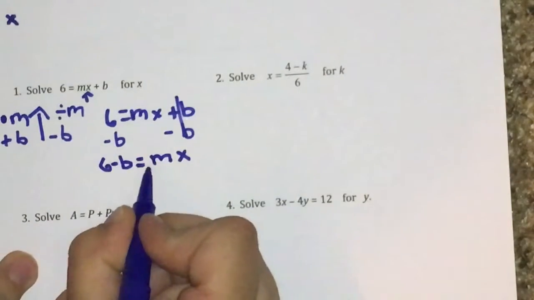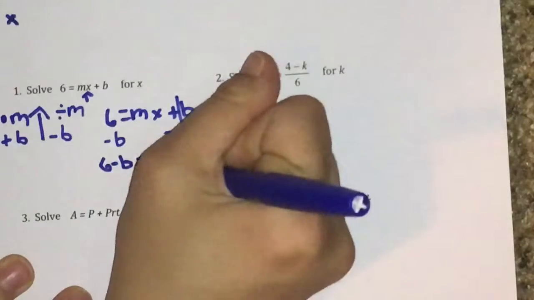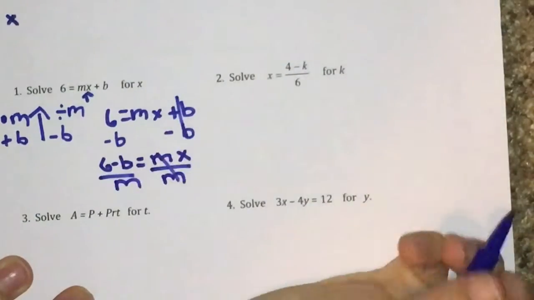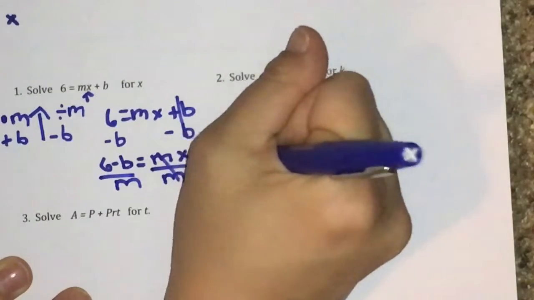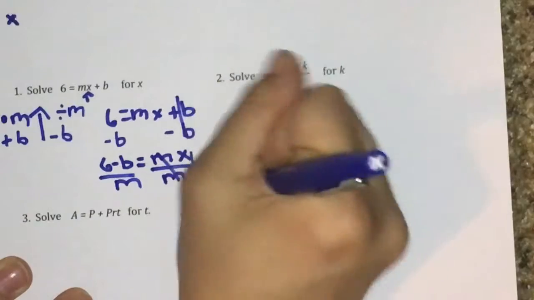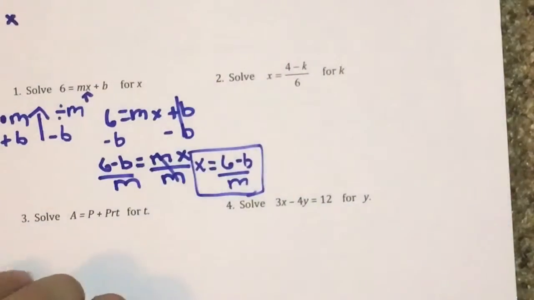Then, how do we solve for x? Well, we can divide both sides by m. And x equals 6 minus b over m. And that is actually your final answer here, okay? 6 minus b over m. You cannot combine anything here. You cannot simplify anything here. That is how you're going to leave it.